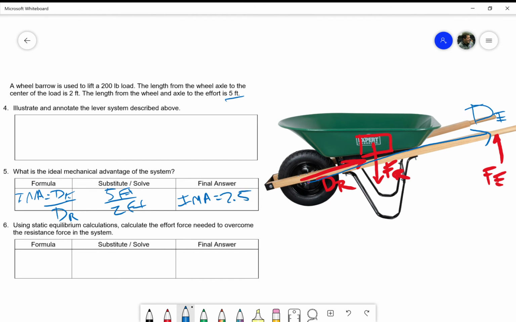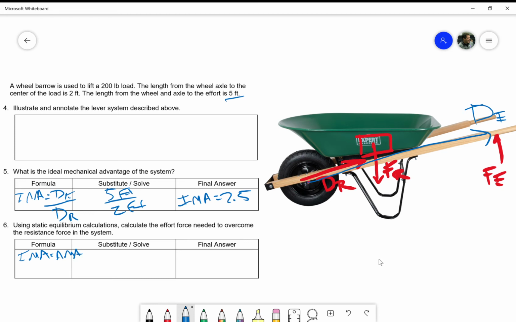There you go. Now we're going to go to static equilibrium equations. And again, we're assuming there's no loss to friction because it says so earlier in the worksheet. If you have no loss to friction, your IMA is equal to your AMA.